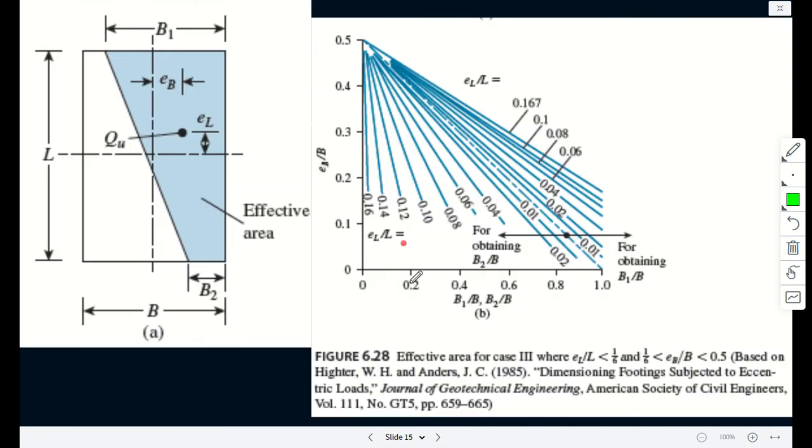So again, we are lucky. We have a figure drawn of B1 over B or B2 over B against the eccentricity. So your job is to know how much your eccentricity is, and how much is B1 or B2.